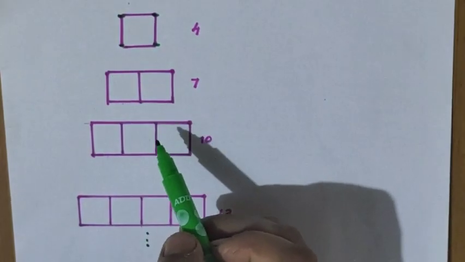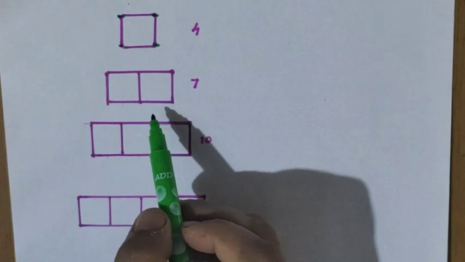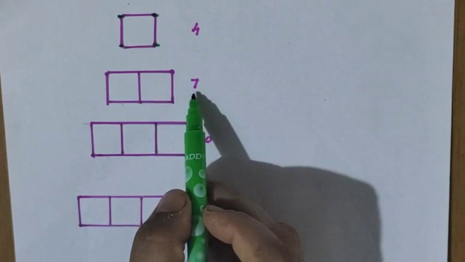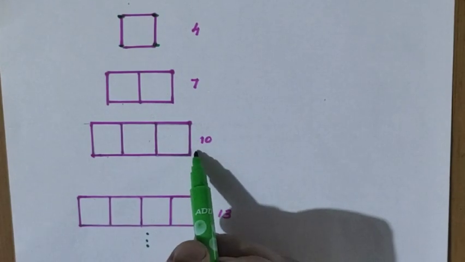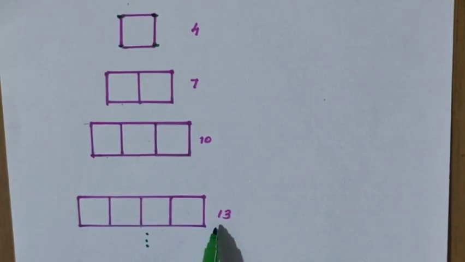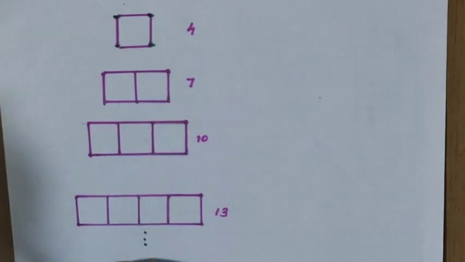For the second pattern, one more square we joined together, so this became common. So we need only 7 line segments. Similarly here, for getting 3 squares, 10 line segments, like that 13 we have got here. So we are getting a pattern of 4, 7, 10, 13, etc.